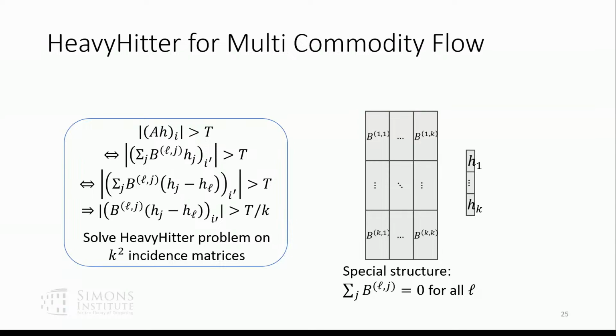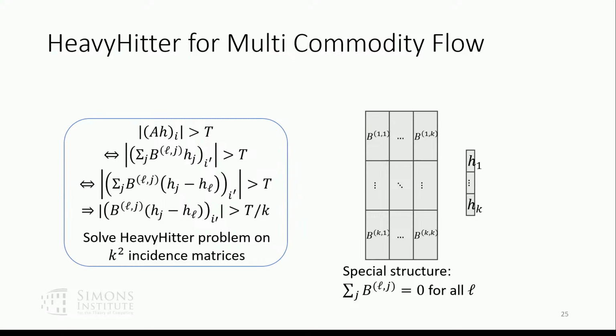So this and this are equivalent. I've just added an extra 0. And it turns out that apparently these two electric flows, the flow of B times Hj and the flow of B times HL, are similar enough that if I now look at the electric flow of these, with the difference in these potentials, that's much smaller.